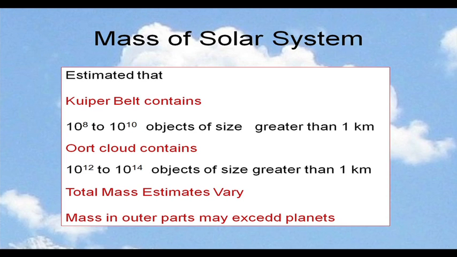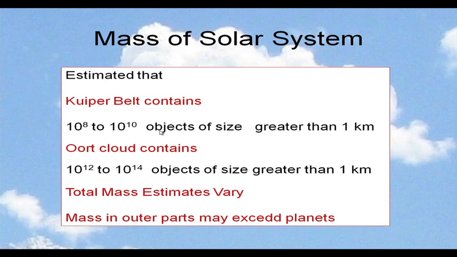Let us go back and ask the question, what is the mass of the solar system? How have these new discoveries changed our idea about the mass of the solar system?